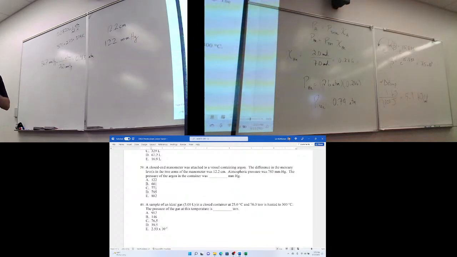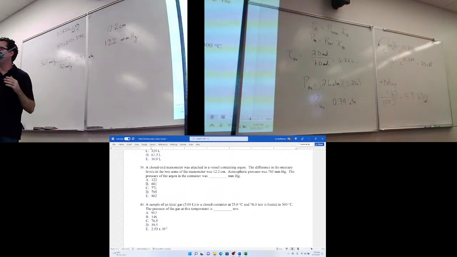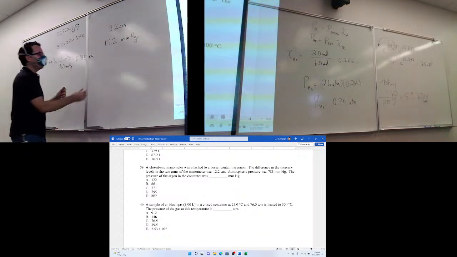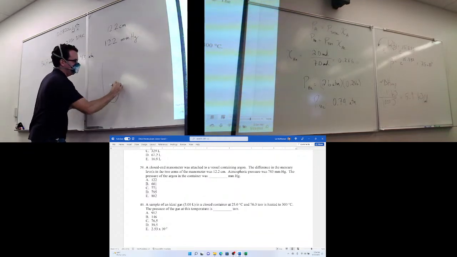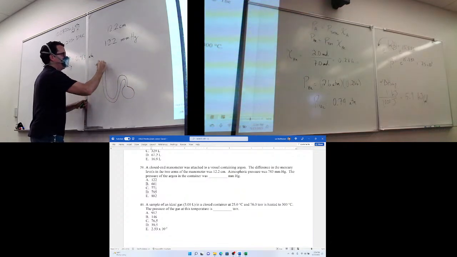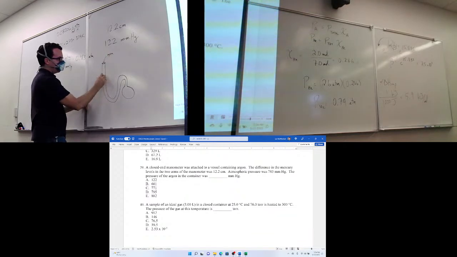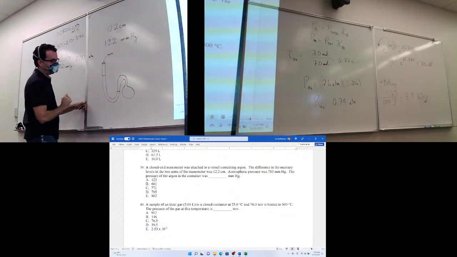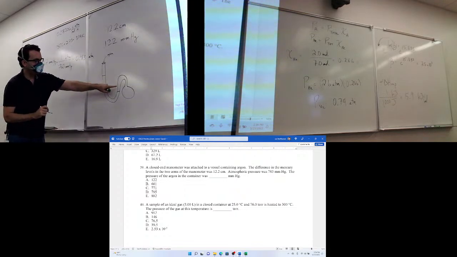So the height that's closest to the gas is lower, basically. And then you would know that the pressure of the gas is higher than atmospheric pressure. Are you going to always be subtracting from the manometer or the atmospheric pressure? That's always going to be. So here's your open-end manometer. If it looks like this, if that's the difference, then this is at a higher pressure.